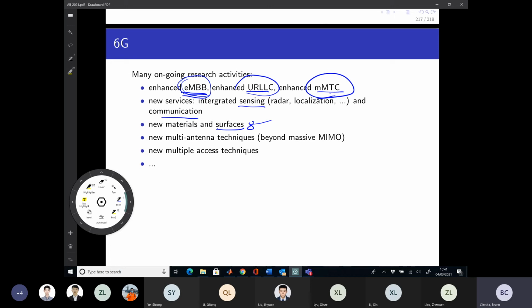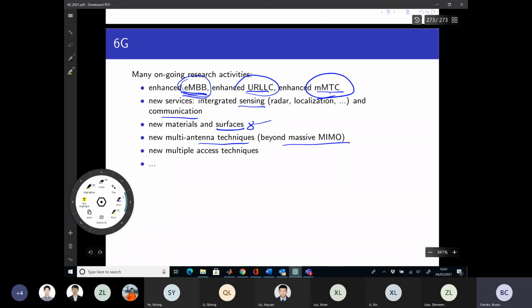That would be very useful if you want to do, for instance, massive MIMO, but you don't want to have active antennas or RF chains for each of those antennas. You may have some of those antennas be completely passive.